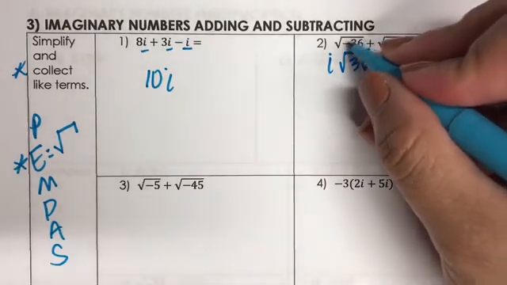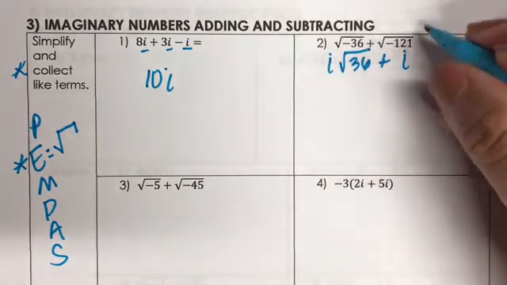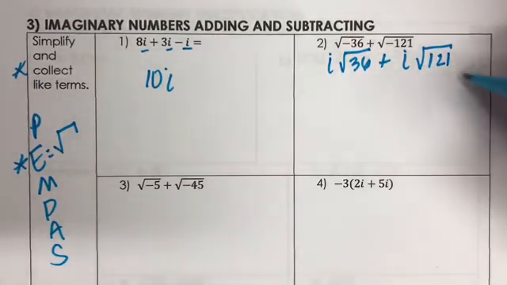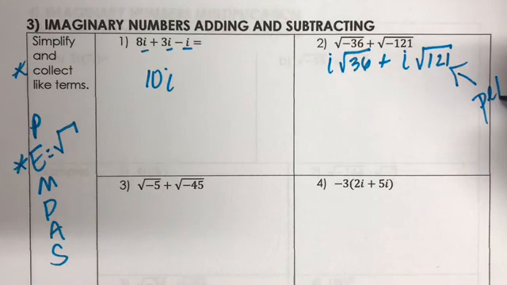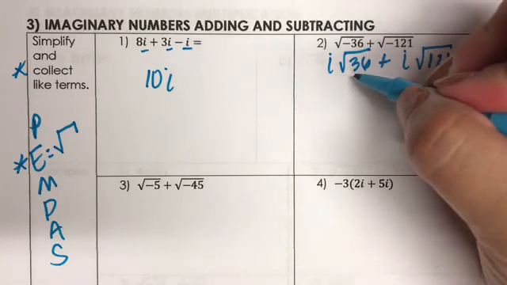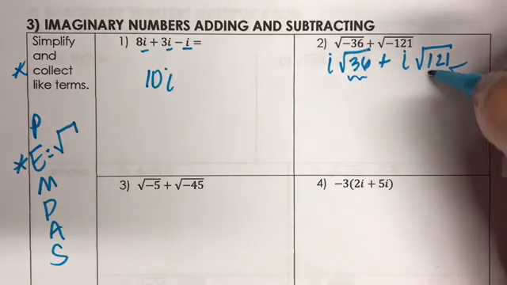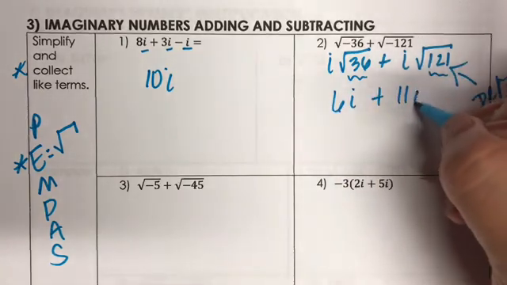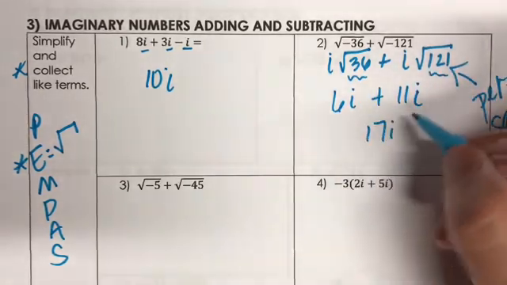I know that I'm going to take out the negative, so it's going to give me an i. So perfect squares. I'm going to take the root of each. So I'm going to have 6i plus 11i, 17i.